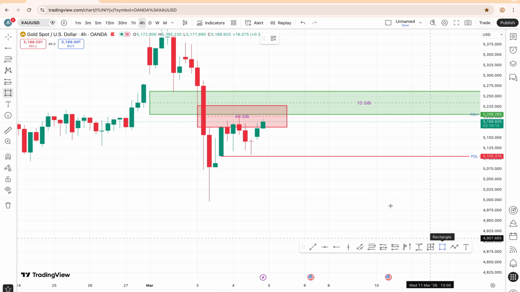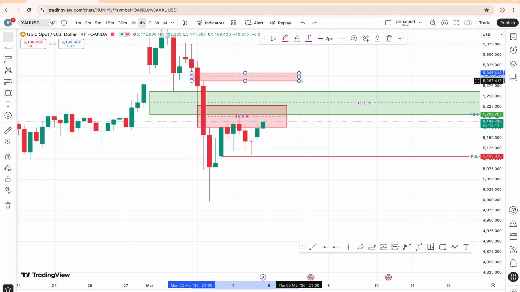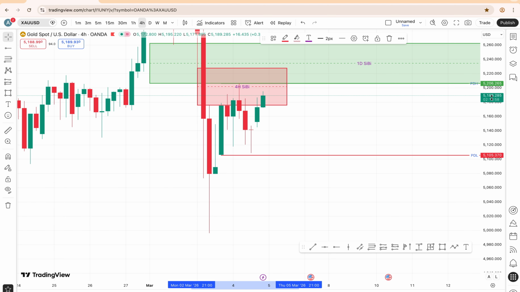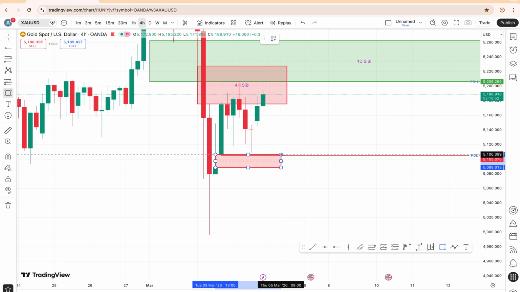There are fewer imbalances. I can see one here, which is from the day before yesterday. While this was our dealing range yesterday, right? We can see that there was a 4-hour void which was formed yesterday, which we had marked. That still remains.